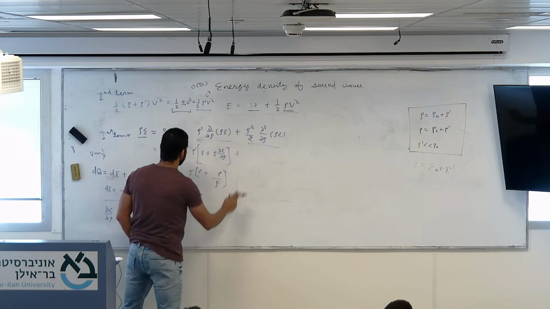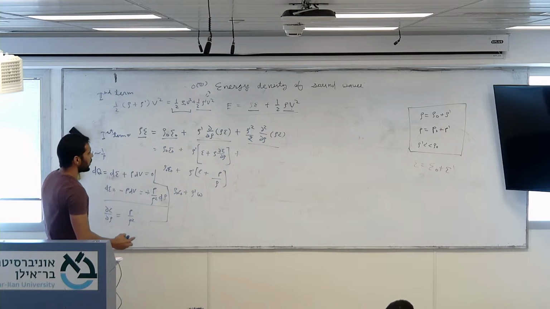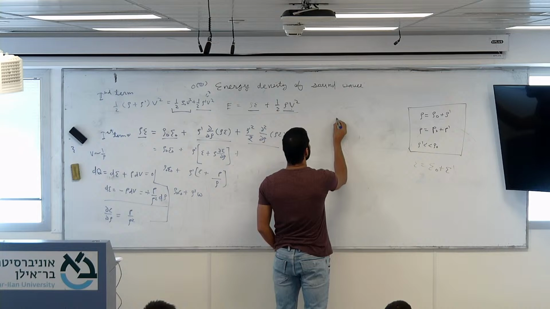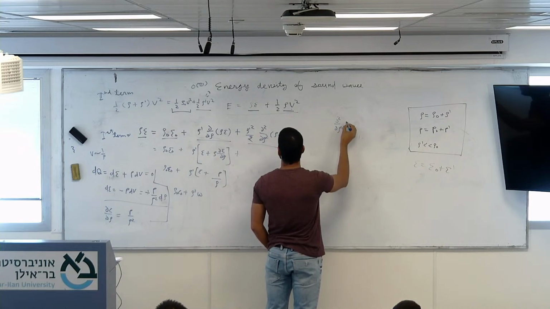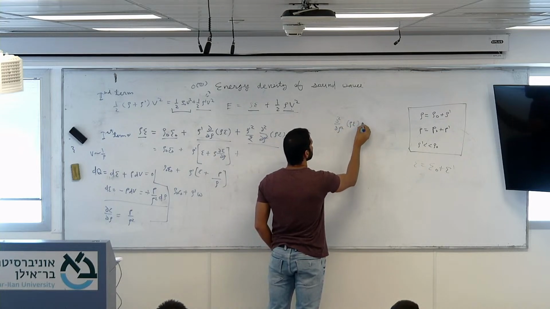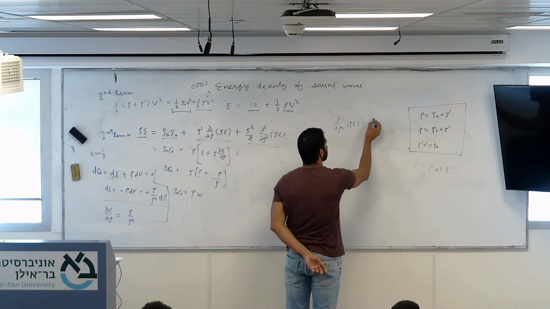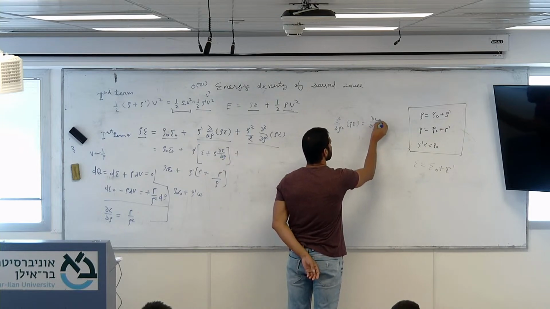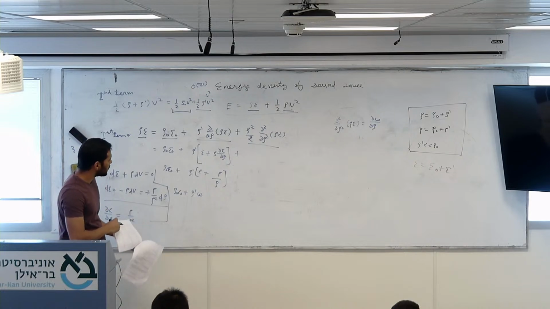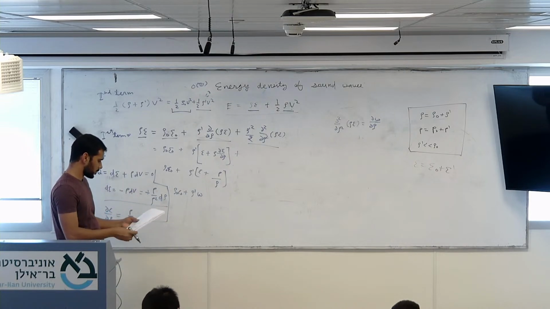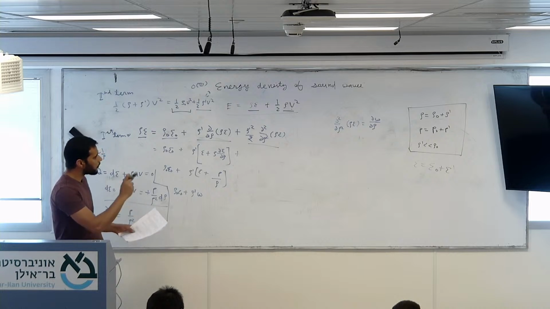Okay. Now we deal with another term, the third term. Because the first derivative was W, the second derivative is simply dW over d rho.